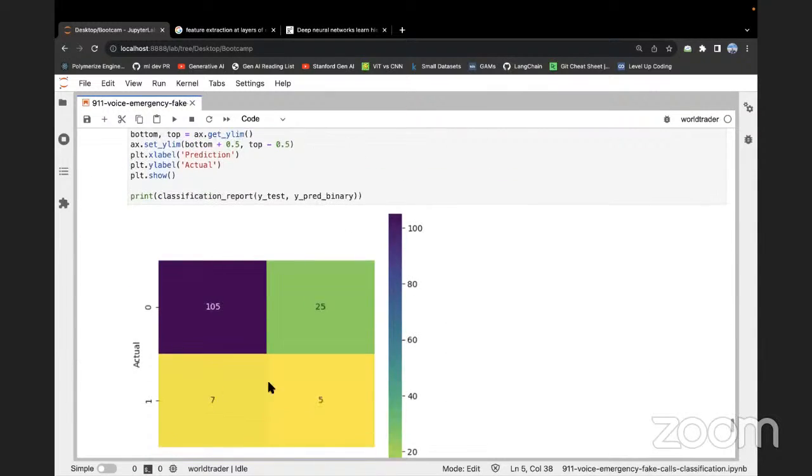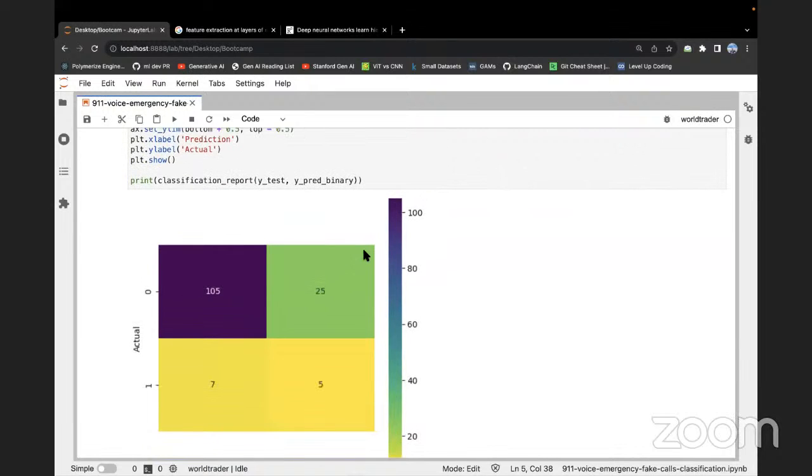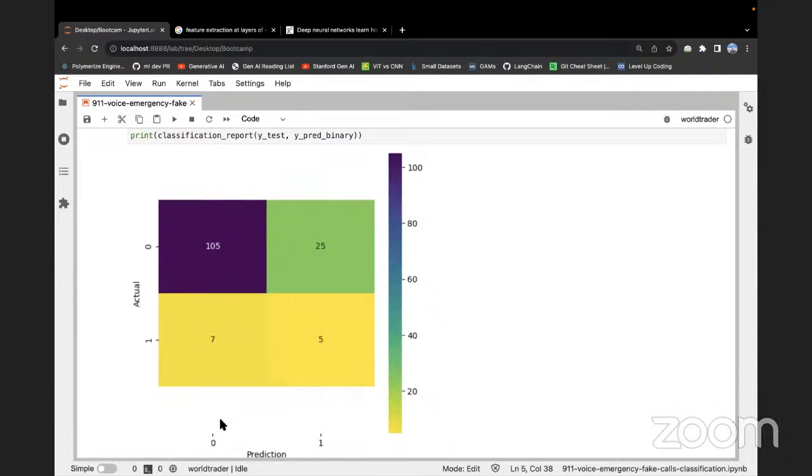And then this is the confusion matrix that helps us understand how good or bad our predictions were. So these two sections, actual 0 means it was not a false alarm. I also predicted that it was not a false alarm. So 105 such cases. Actual 1 means it was a false alarm, and I was able to detect it in 5 of the cases.